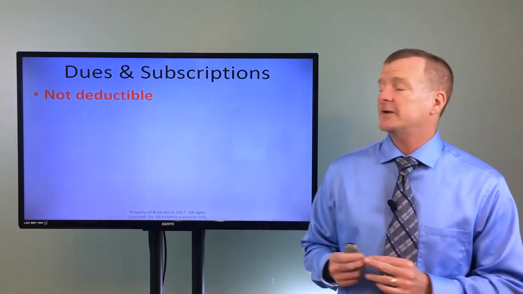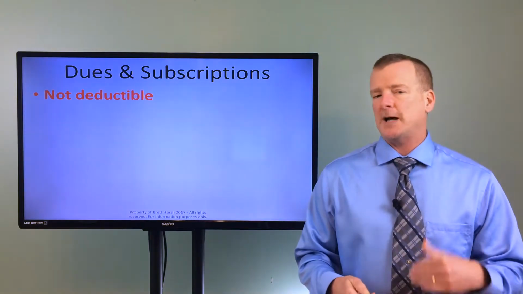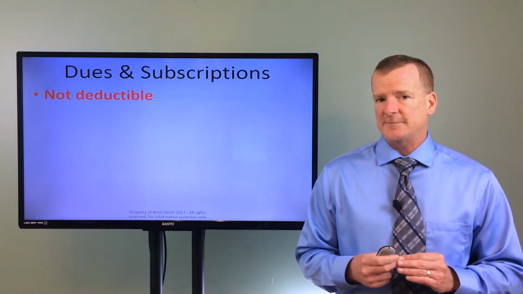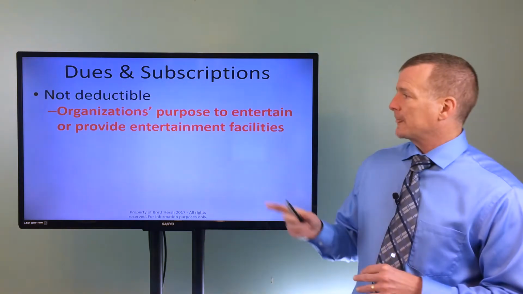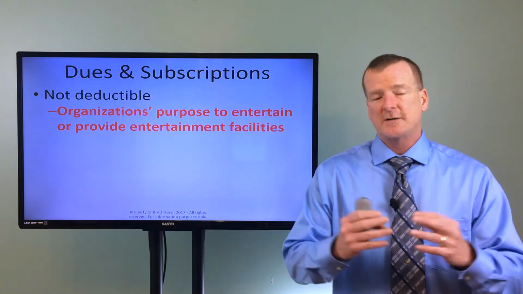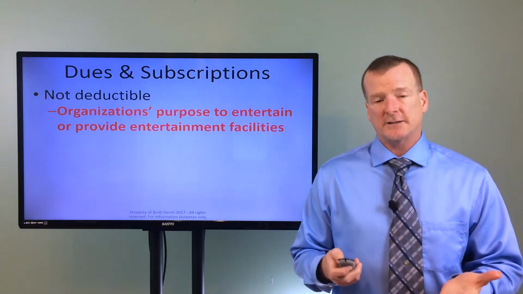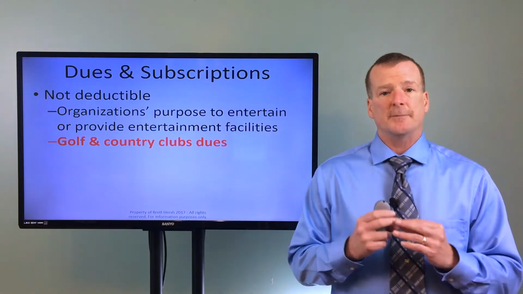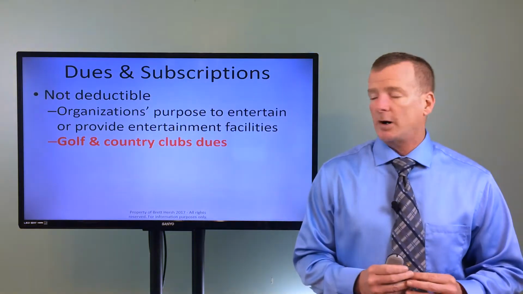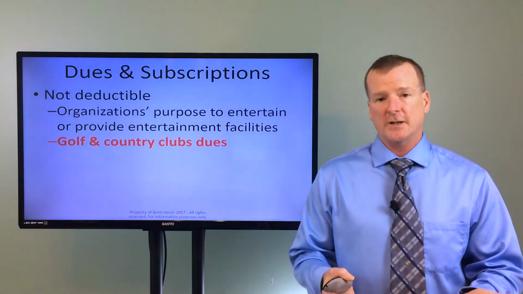So let's go over some items here that are not deductible, which we probably highlighted earlier, largely in the entertainment section of the course. Organizations whose purpose is to entertain or provide entertainment facilities for their members are not deductible as dues and subscriptions. Of course, a classic example would be golf and country clubs.